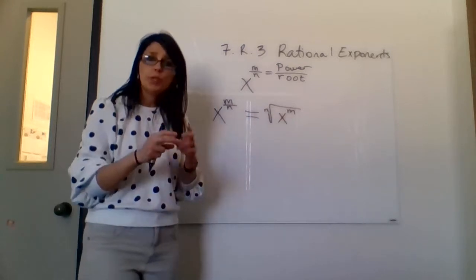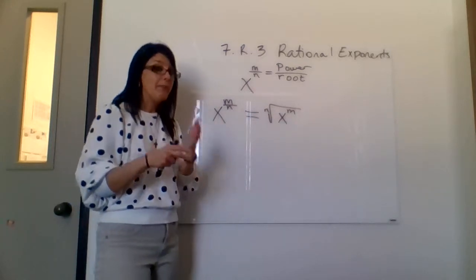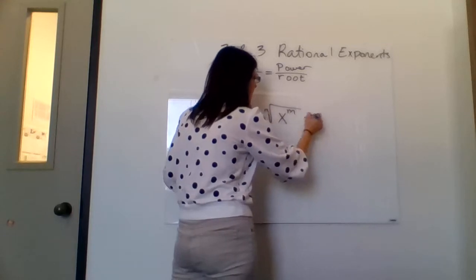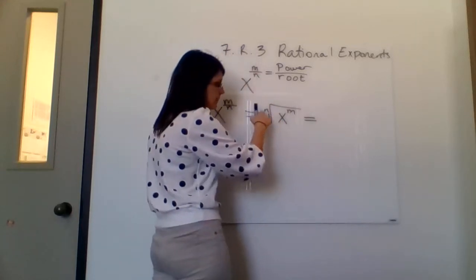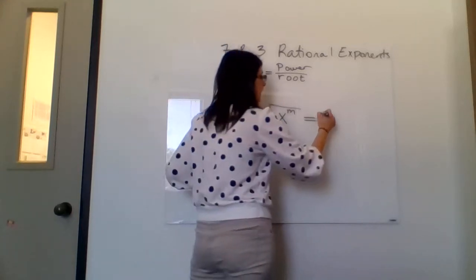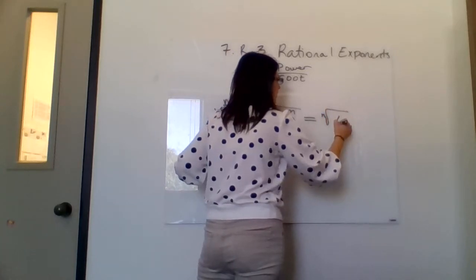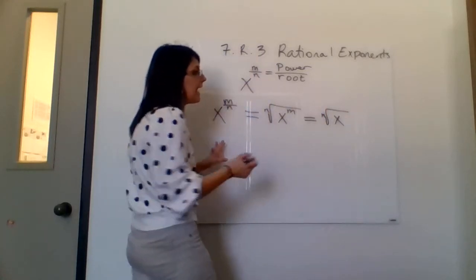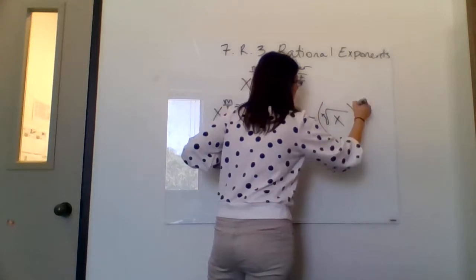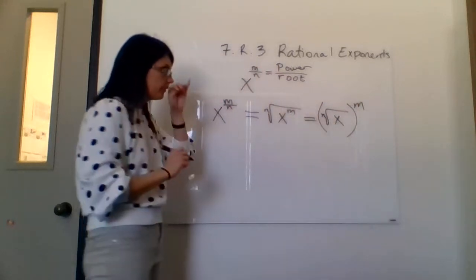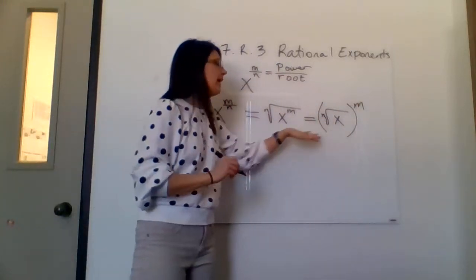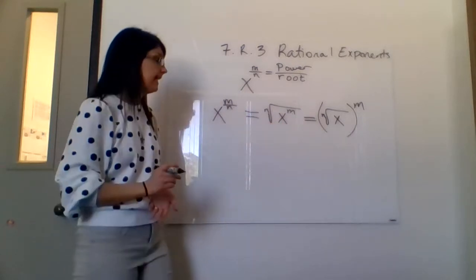And like I said, the order that these operations occur in doesn't matter. So we could also write this as still I'm taking the nth root. So I have the nth root of x, and then I could raise that to the power of m. All right, so the order here is different, but the value should still end up to be the same.